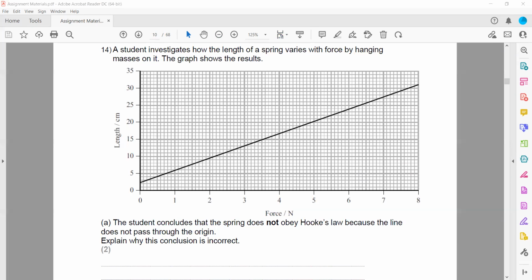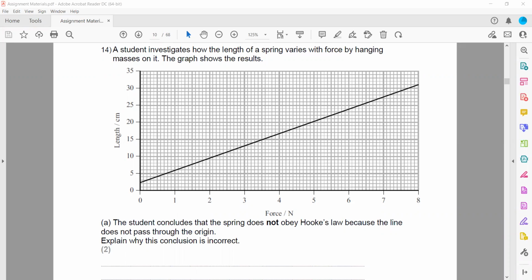Because Hooke's law is not a statement between force and length, it is a statement between force and change in length. The graph is for length, not for extension. According to Hooke's law, force and extension are directly proportional, and not force and length.